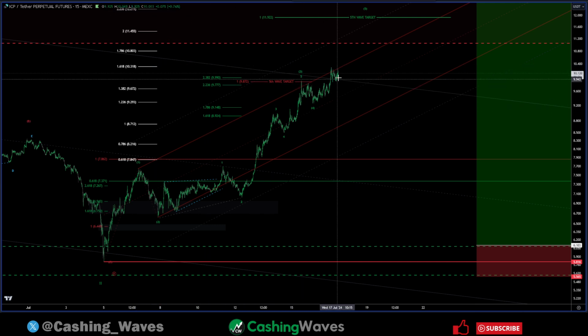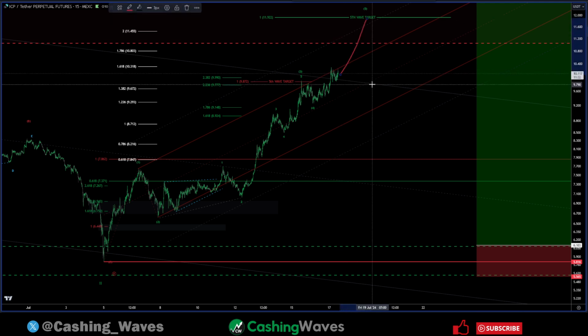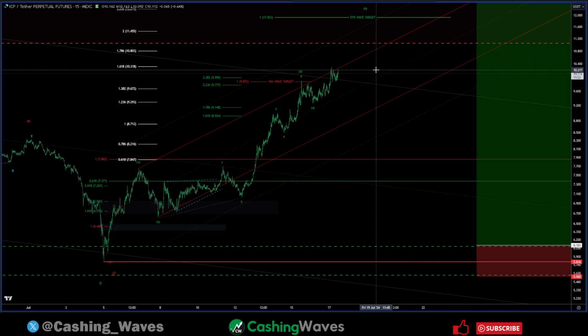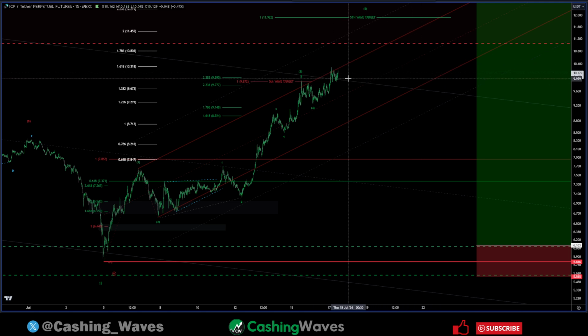What that means is either we get an extended wave 5, kind of like XRP did, or we're just coming up a little shy on extensions. Either or can happen. We just have to count these waves and track them as we get more price action. We need evidence one way or the other.